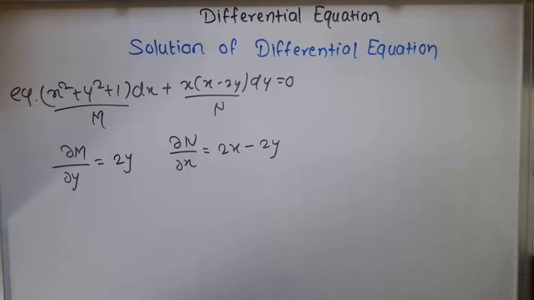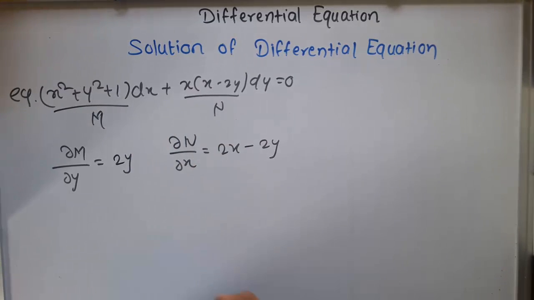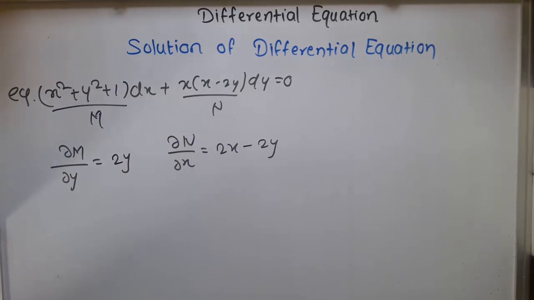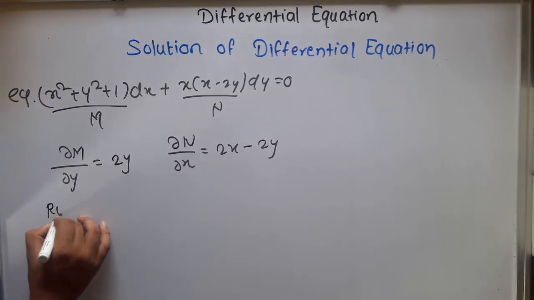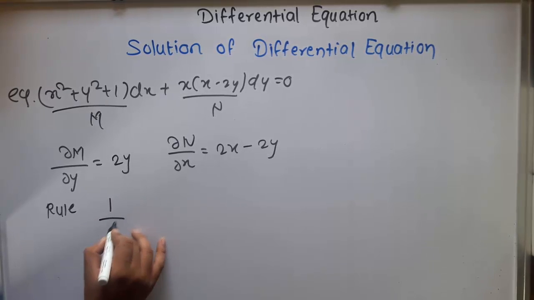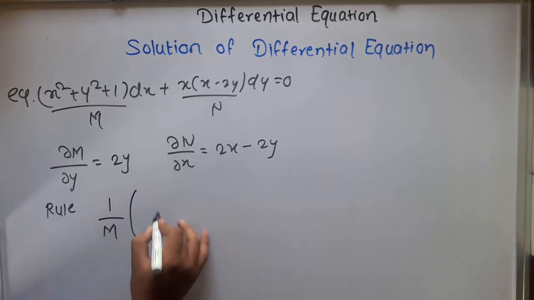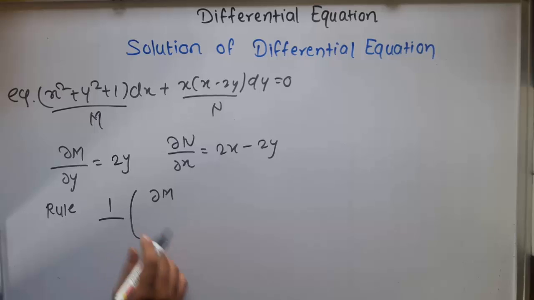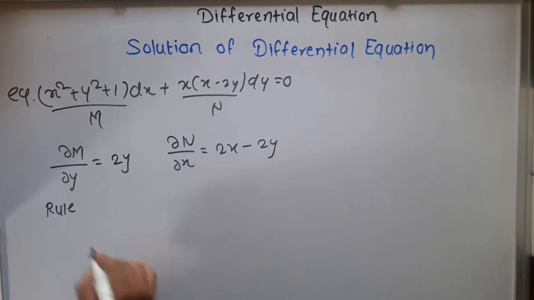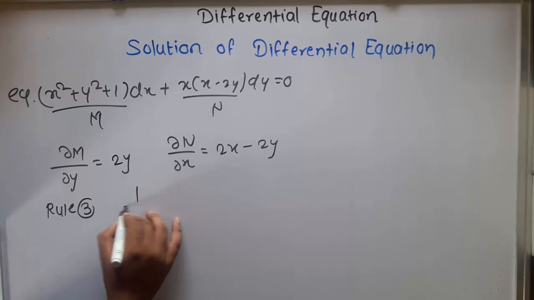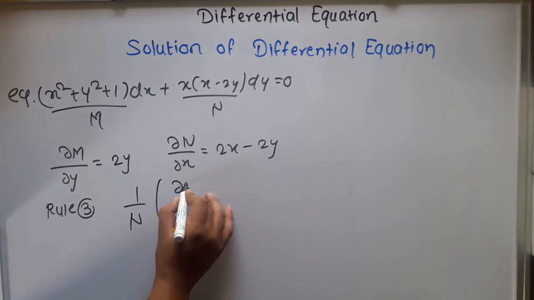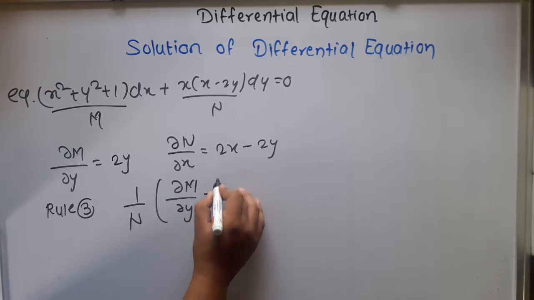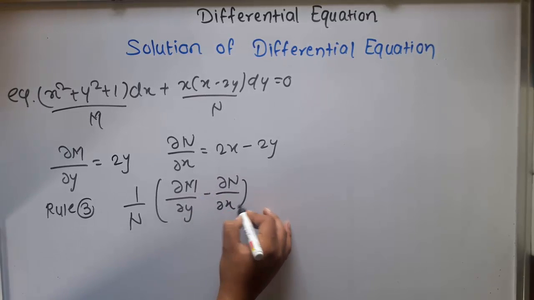So for that we have to use rule 3 or 4, because this is not a homogeneous one, and since it has the 1 also, it's not only a function of x and y. If I use rule 3, the rule 3 will be 1 by N bracket del M by del y minus del N by del x.